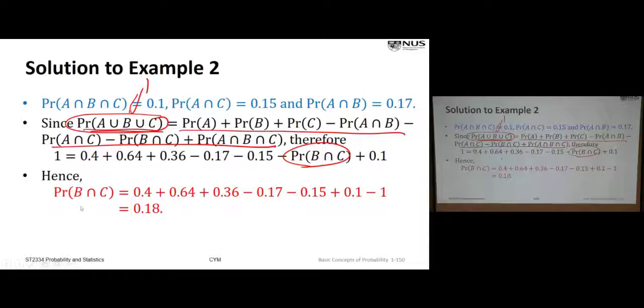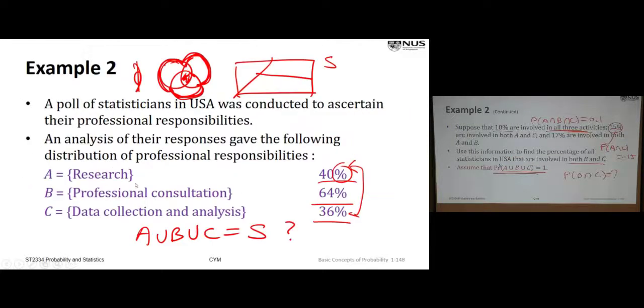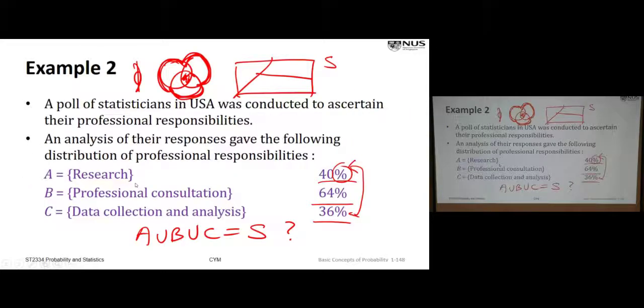Usually, if you are doing a survey, you should make sure that there is one category that covers any other statisticians, in this example, any statisticians who do not work on these three areas.